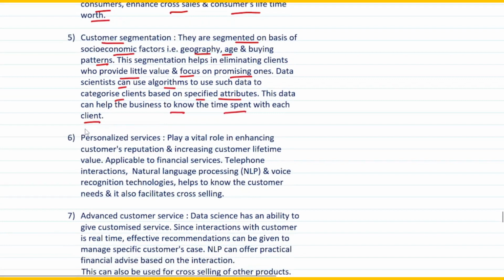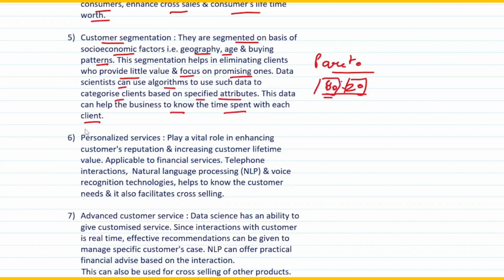Now, if you remember, there's something called Pareto analysis, right? What does Pareto analysis say? Pareto analysis is basically an 80-20 rule. It says that if you concentrate on the top 20% of the priorities, that will solve 80% of your problems, right?